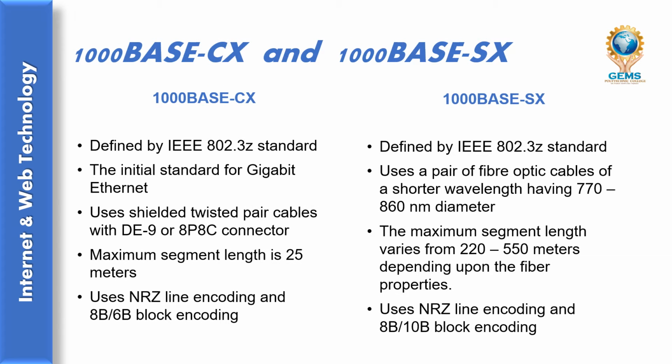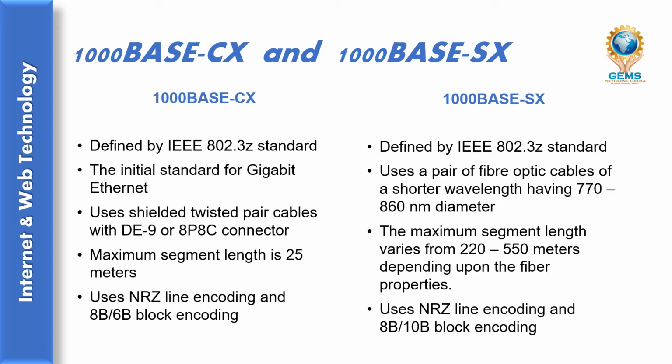So 1000BASE-CX and 1000BASE-SX. 1000BASE-SX is defined by the IEEE 802.3z standard. And what is the difference? 1000BASE-SX is the initial standard for Gigabit Ethernet and uses a pair of fiber optic cables of shorter wavelength, 770 to 860 nanometer.